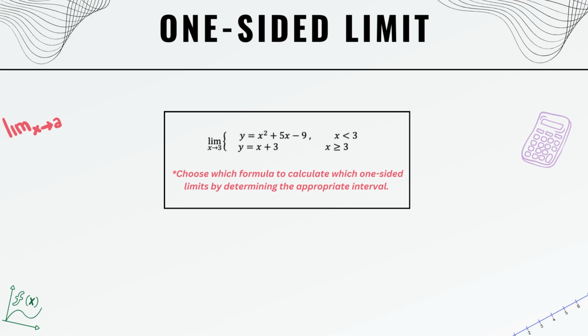Because a left-handed limit is finding the limit when x is approaching 3 from values that are smaller than 3, we have to use the first formula, y equals x squared plus 5x minus 9 when x is smaller than 3, because that is the interval where x is smaller than 3. In contrast, you have to use y equals x plus 3 when x is equal to or greater than 3 to find the right-handed limit, because that is the interval where x is greater than 3.